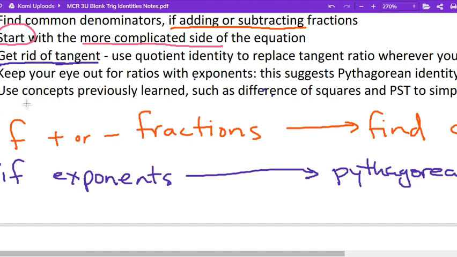The other hint is going to be to change reciprocal ratios into primary ratios, right? So if you have cosecant, you're going to switch it into sine. If you have cotangent, you're going to change it into tan. Okay, so another tip we're writing on page 1 is change reciprocal ratios into primary ratios.